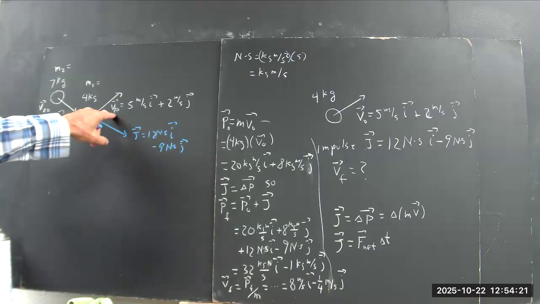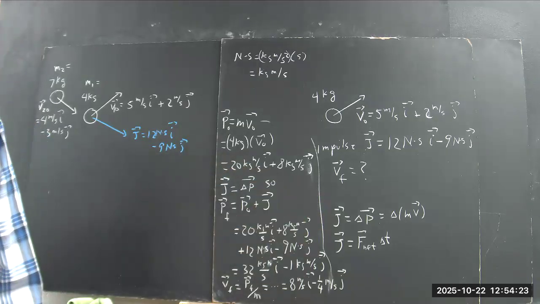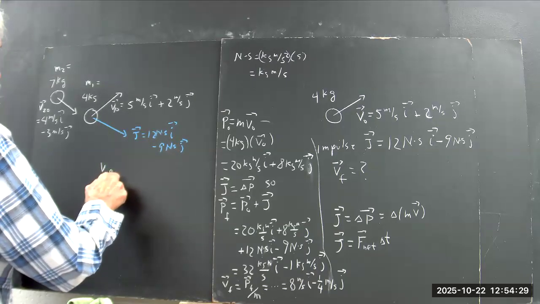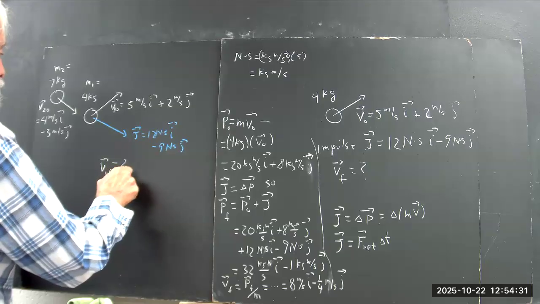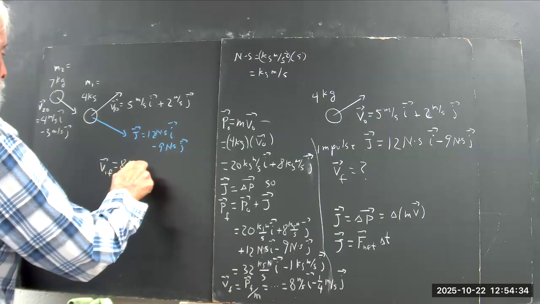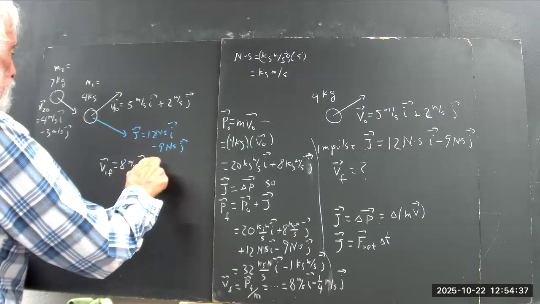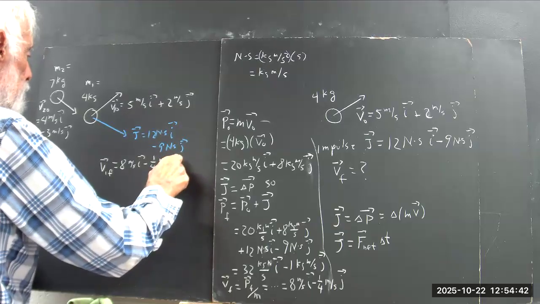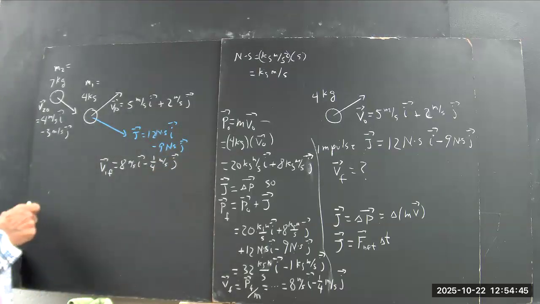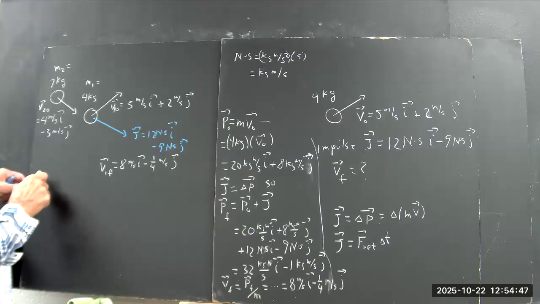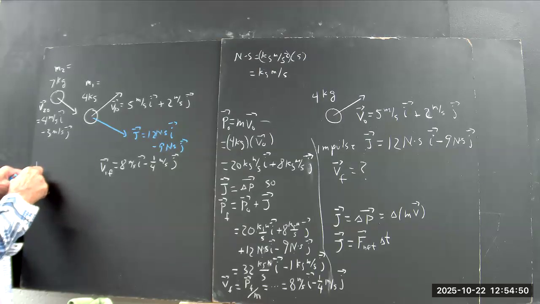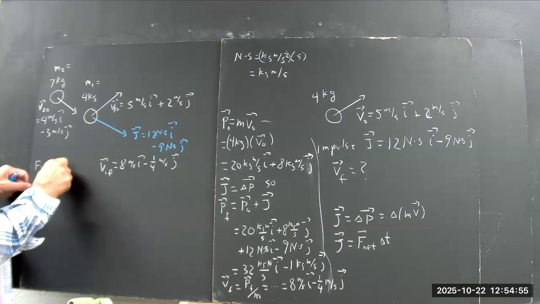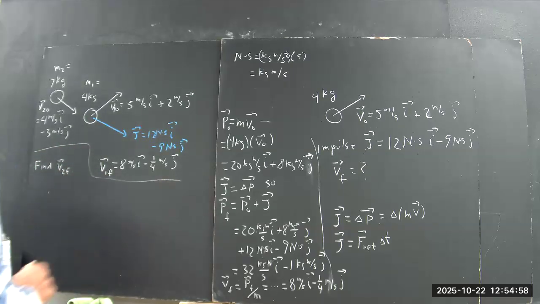We already calculated what V1F ought to be: 8 meters per second times I minus 1/4 of a meter per second times J. Okay, so what we're going to do is find V2F.